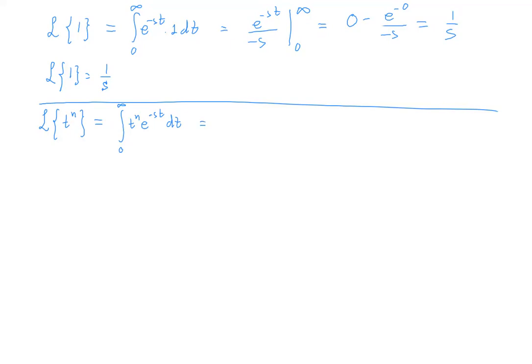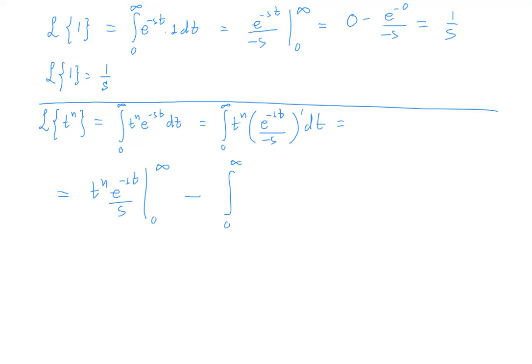To have integration by parts, you need to acknowledge something as a derivative. And this is the derivative of e to the negative st over negative s, which is going to give you t to the n e to the negative st over negative s from 0 to infinity minus the integral of n times t to the n minus 1 e to the negative st over negative s dt.